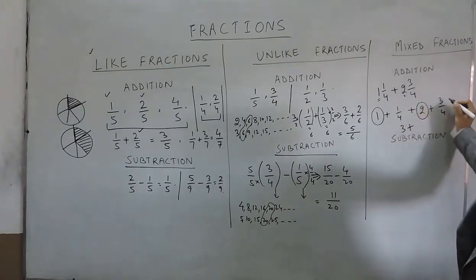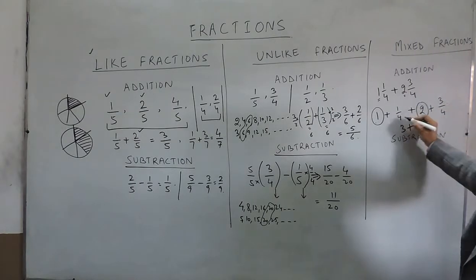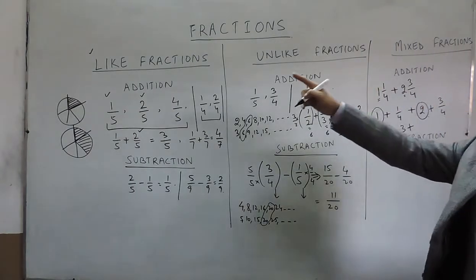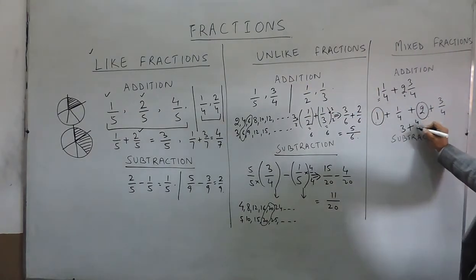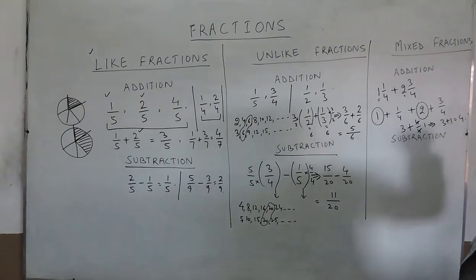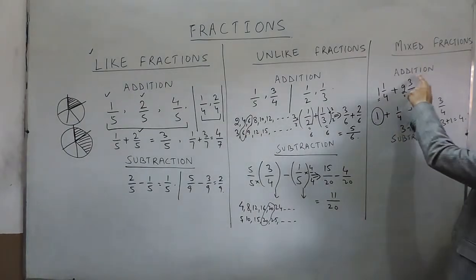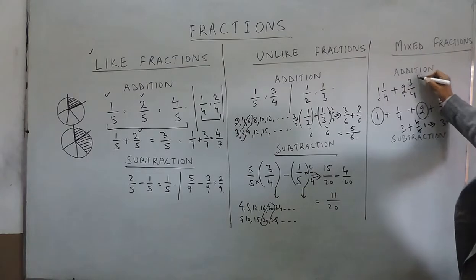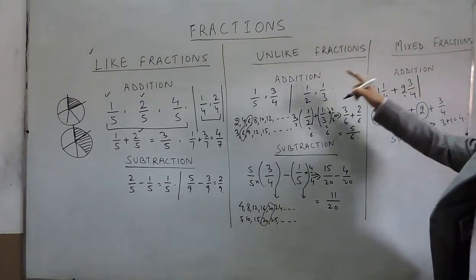And to this we can say it is 1 plus 3, 4, and the denominator is 4, as we can add in the like fraction, it is 4 upon 4, and if we cancel them, it becomes 3 plus 1, and that is 4.